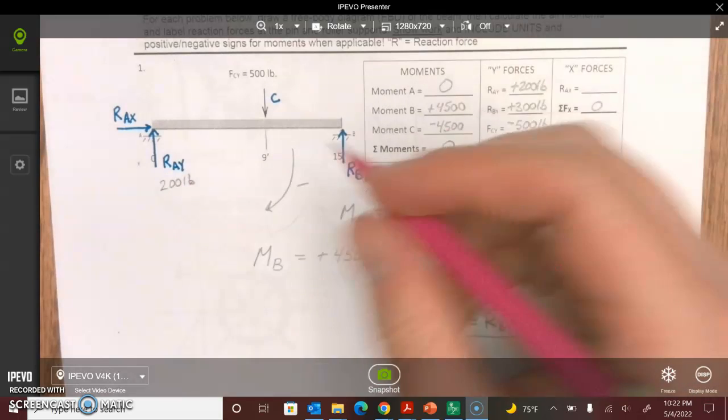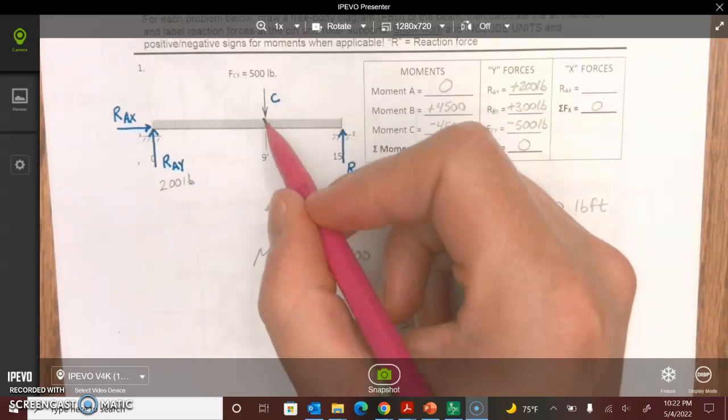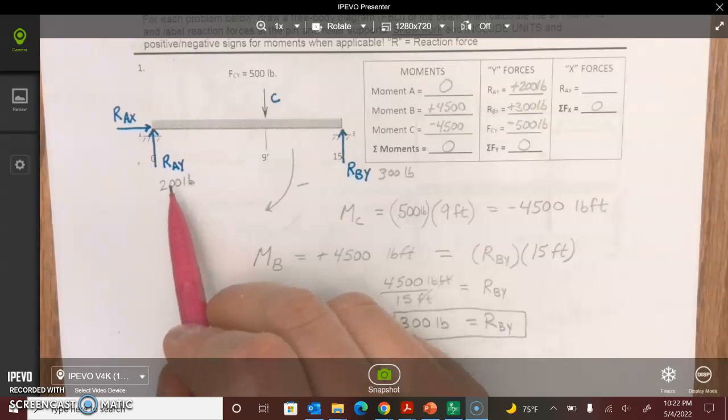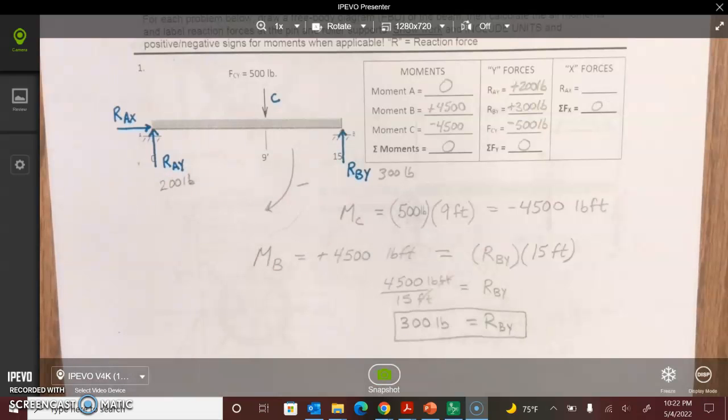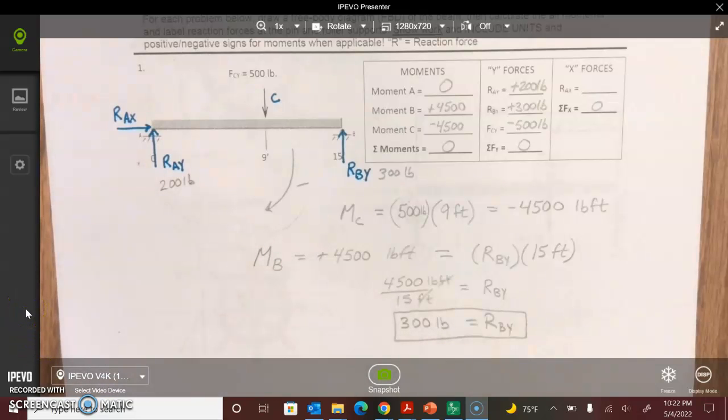So that means that RAY has to lift up with positive 200 pounds. And it makes sense, because if this is lifting up with 300 pounds, and this is pushing down with 500, then this RAY, this force over here, the pin has to pull some weight as well. Right? So it's kind of like if you're working with somebody to lift up an object.